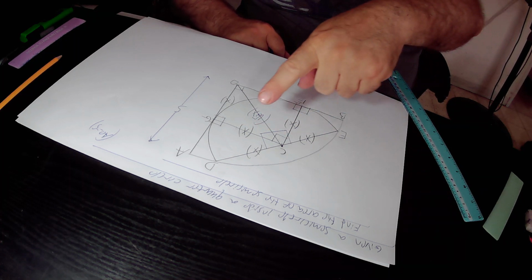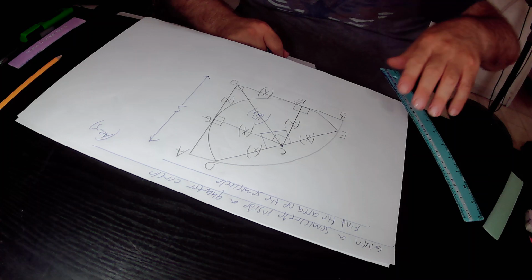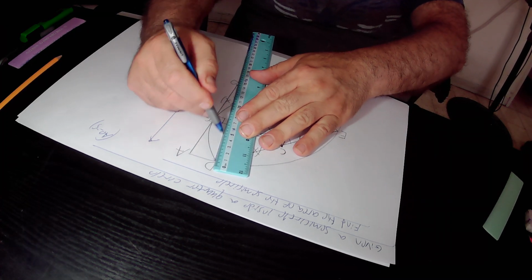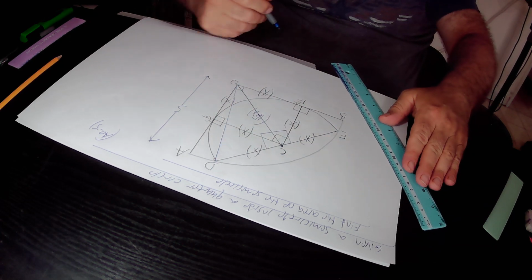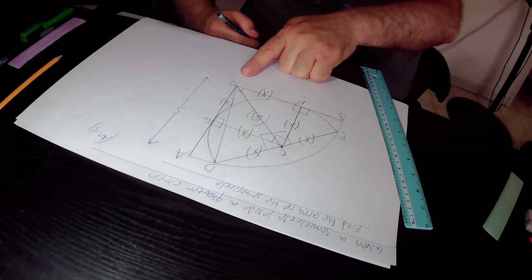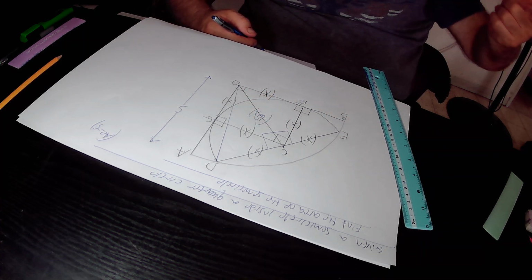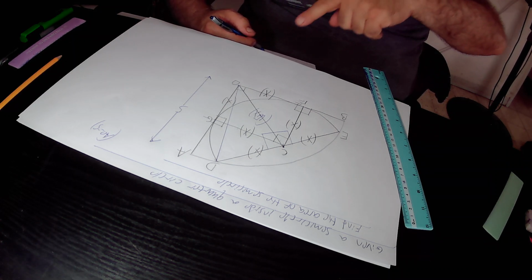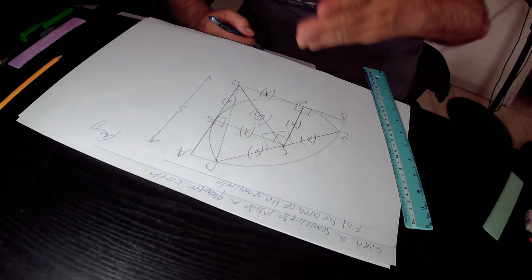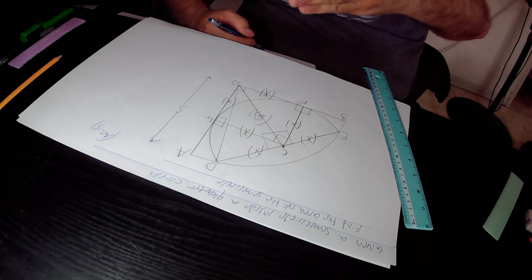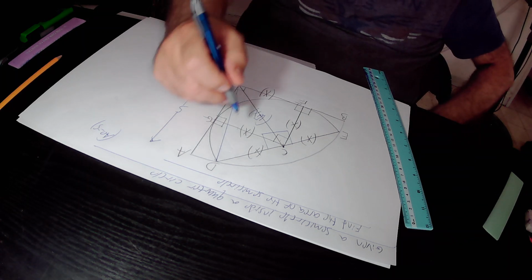In the next step, we join points O and D together by a straight line. What is the definition of line segment OD? Line segment OD starts from point O, the center of the quarter circle, and ends at point D, a point on the quarter circle itself. So this is exactly the definition of a radius. Therefore, OD is the radius of the quarter circle, and we know that the radius of the quarter circle equals 5 units. Therefore, OD equals 5.